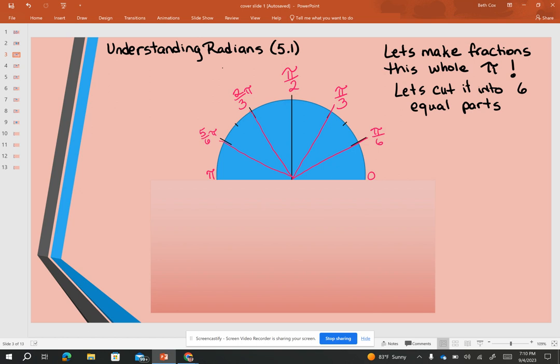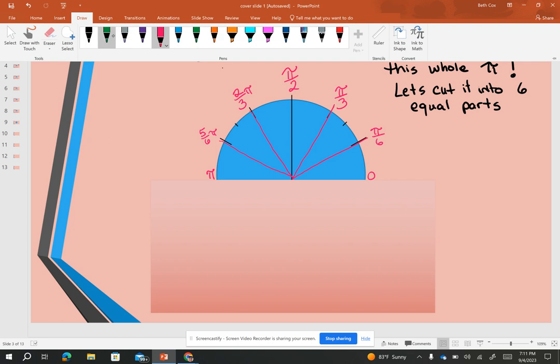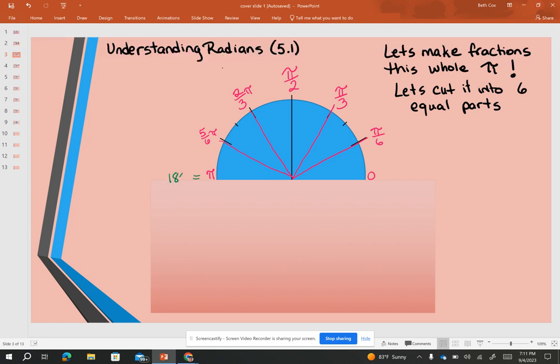And if we recall our circle in degrees, this was 180 degrees. So pi is equal to 180 degrees. Pi radians is equal to 180 degrees. And halfway would be 90.